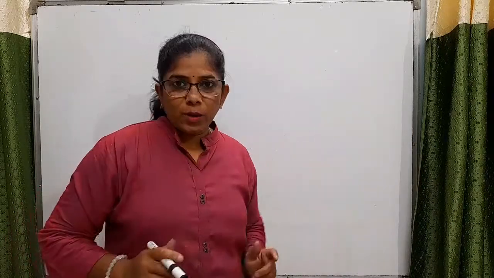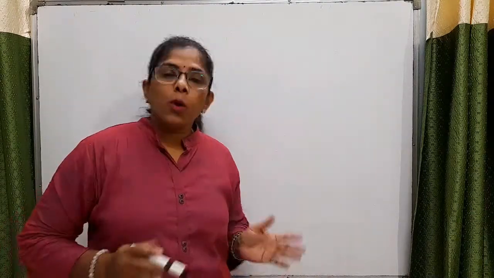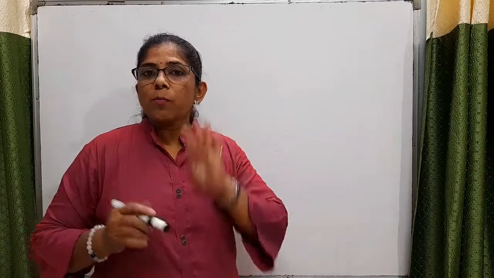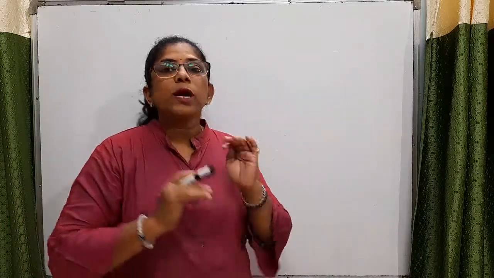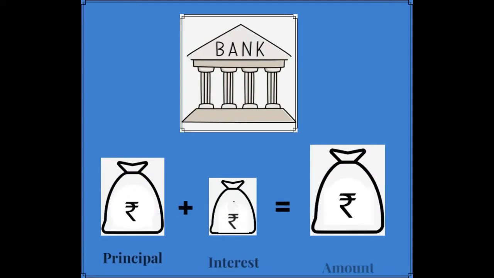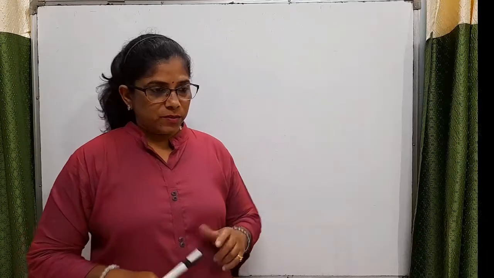The bank will not allow us to pay only 1 lakh rupees. We will have to pay some extra amount on that 1 lakh rupees, and that extra amount is called interest. The amount which we borrow is our principal amount, and the extra amount we pay is called interest. So the total amount we pay to the bank is principal amount plus this interest.